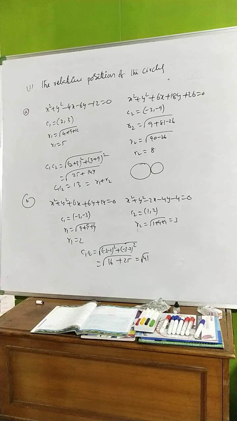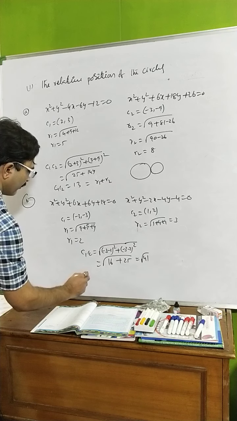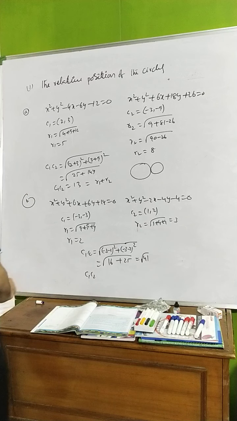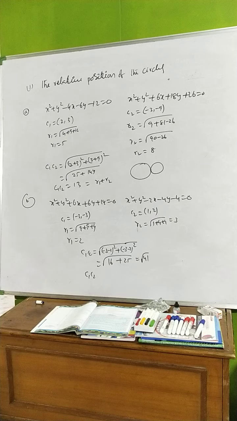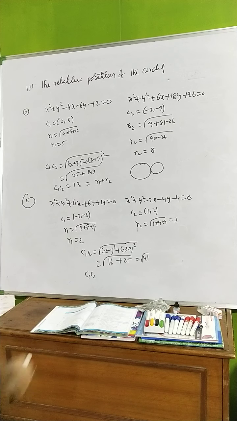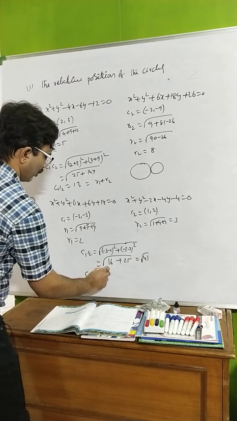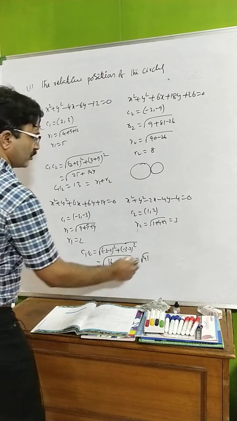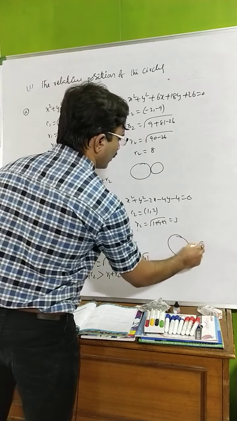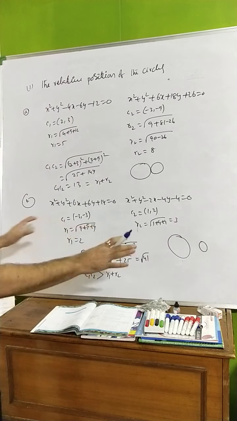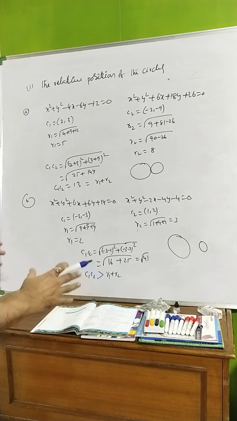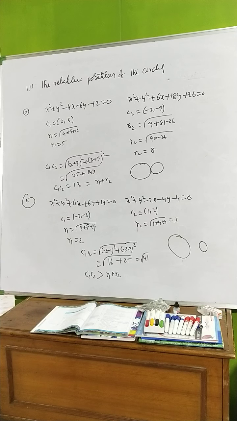C1C2 is equal to root 41. Now clearly C1C2 is more than R1 plus R2. So both circles are away from each other, completely lying outside the other.